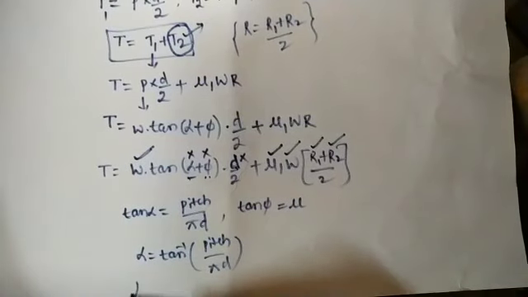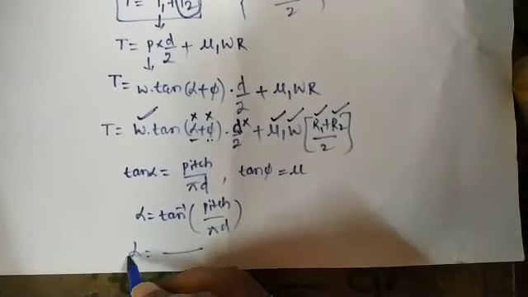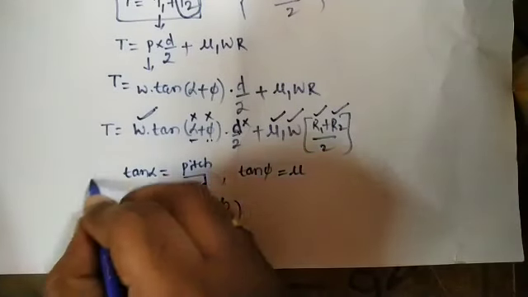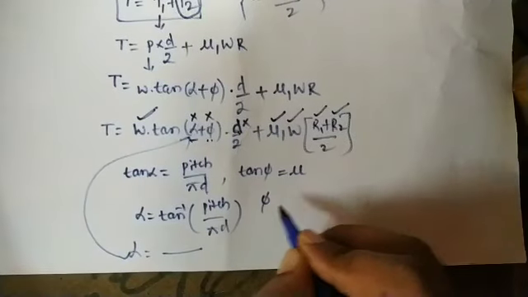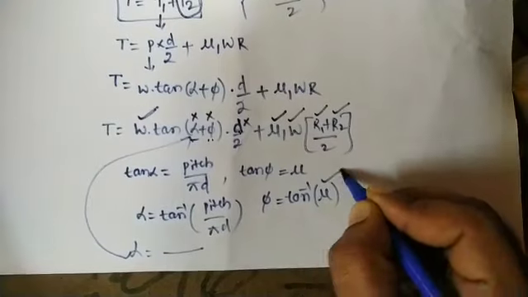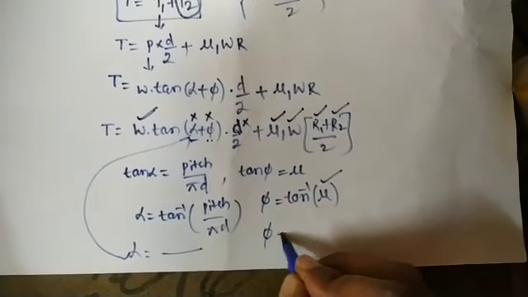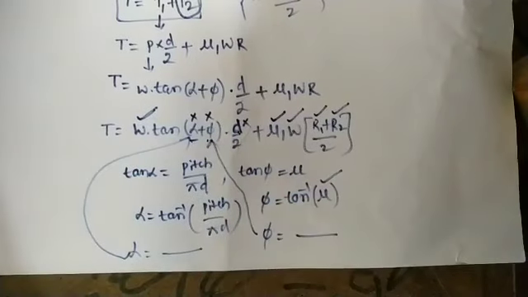Just calculate the alpha value, so you can directly substitute in this equation. Then pi equal to tan inverse of mu, and mu is already a known value. So calculate the pi, and after that substitute in the above equation.